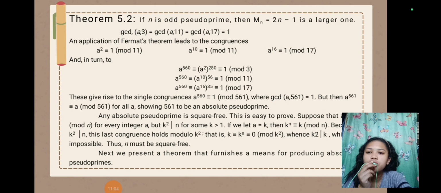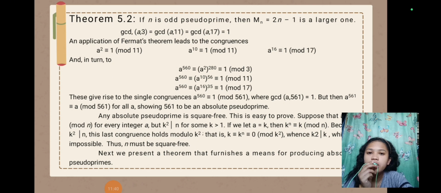Any absolute pseudo-prime is square-free. This is easy to prove. Suppose that a^n ≡ a (mod n) for every integer a, but k^2 divides n for some k greater than 1. If we let a = k, then k^n ≡ k (mod n).